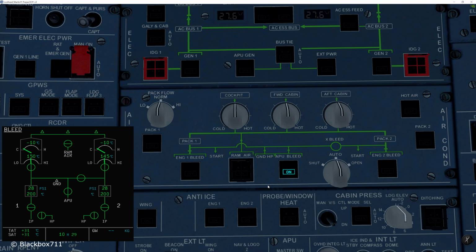Now when you select the cross bleed selector to the position shut, then in this case you will force the cross bleed valve to close position, and hence separating both the left and right bleed duct system. And of course, when we switch it back to auto, then the cross bleed valve will open again.